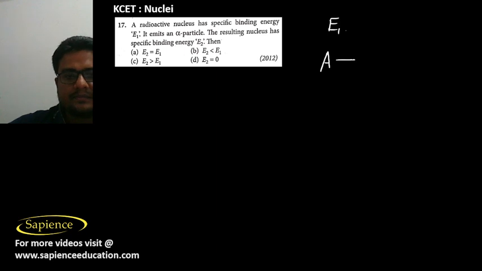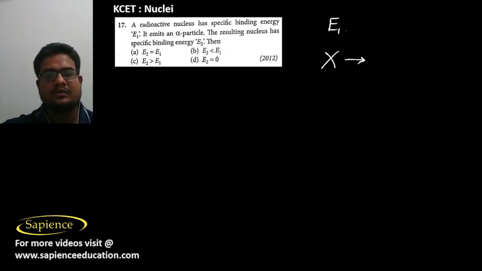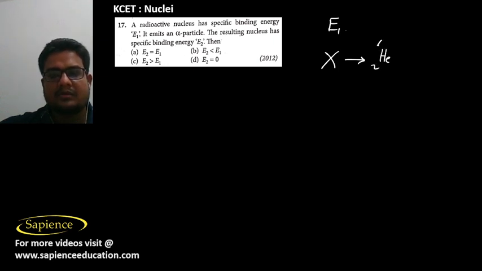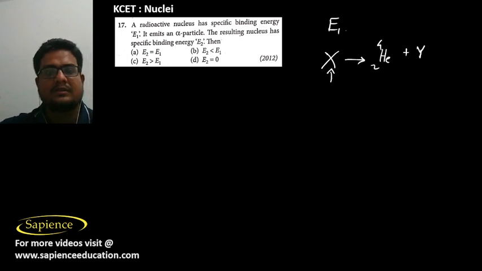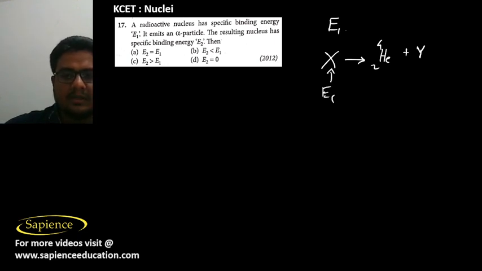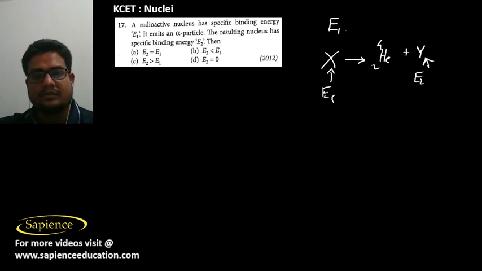Let the original nucleus be X. It emits an alpha particle, which is He 2 4, plus it gives out some resulting nucleus Y. The specific binding energy for X, that is E1, means the energy per unit nucleon, and in Y also the energy per unit nucleon is E2.